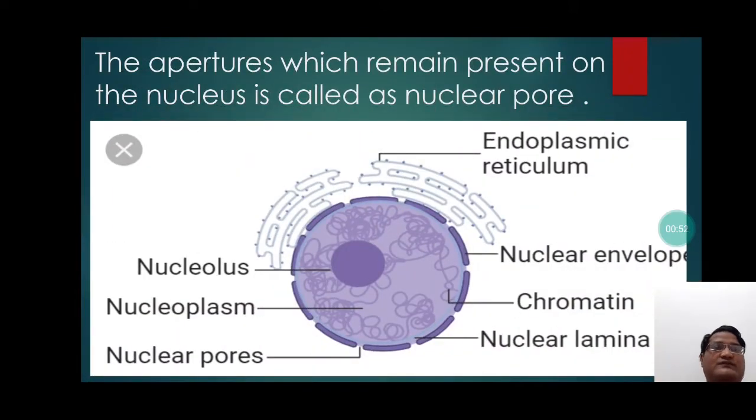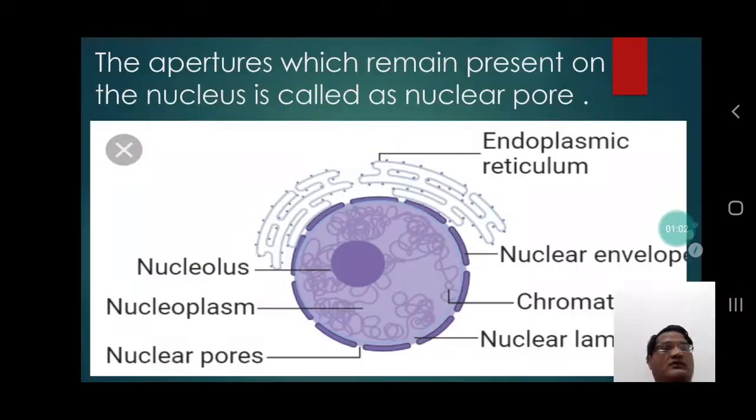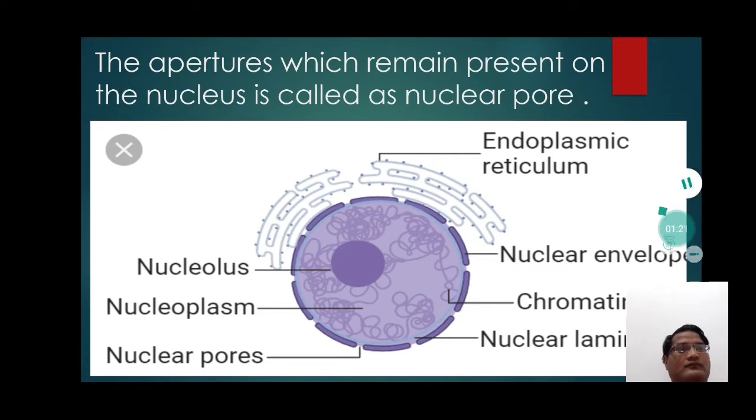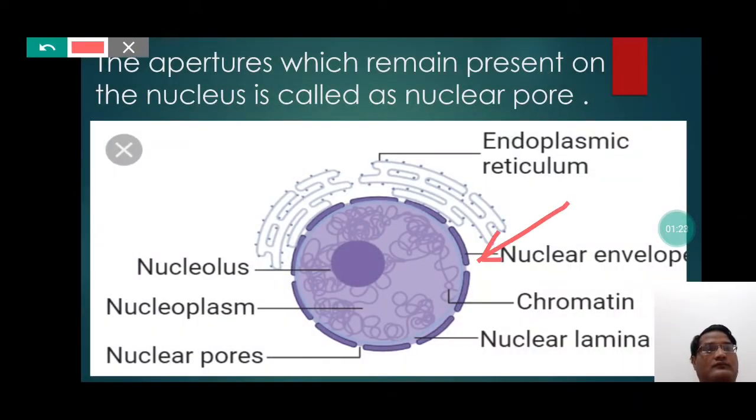The apertures which remain present on the nucleus are called as nuclear pores. So students, here you can easily notice in this picture that there is presence of pores which are actually called as the nuclear pore.